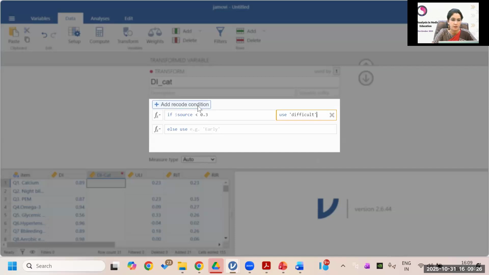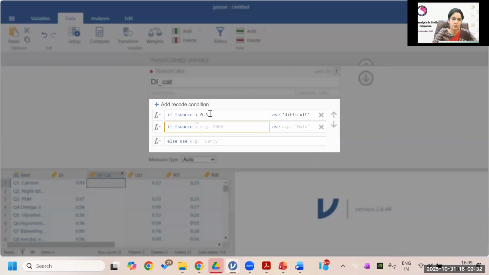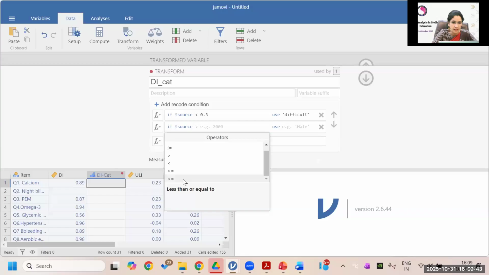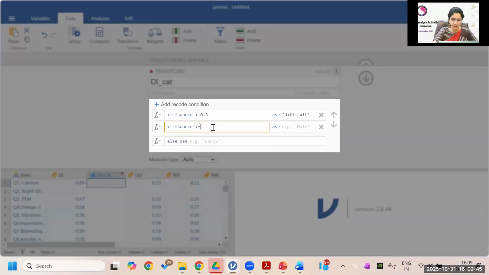So I will add a recode condition once again, and the lower level Jamovi takes on its own. So 0.3 it will take. Now next I have to write less than or equal to 0.7. So I will select the option of less than or equal to, and I will write 0.7, and I will write here moderate, and I will again put inverted commas.